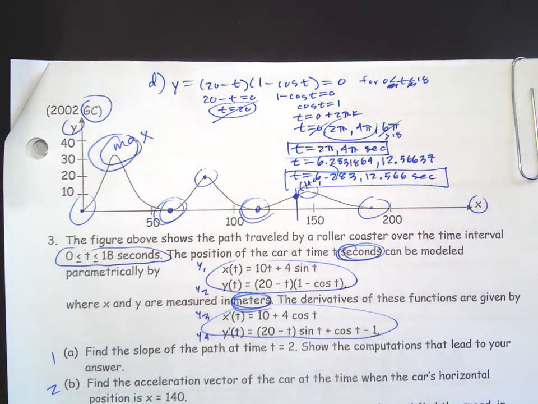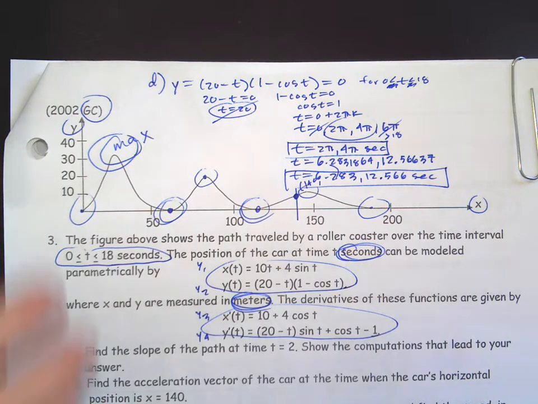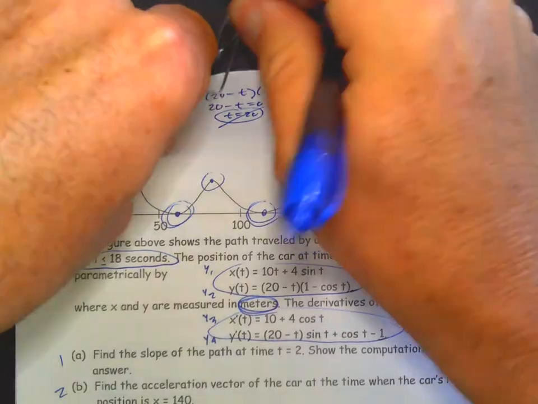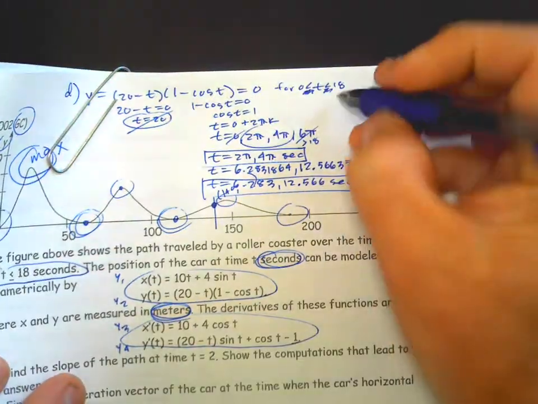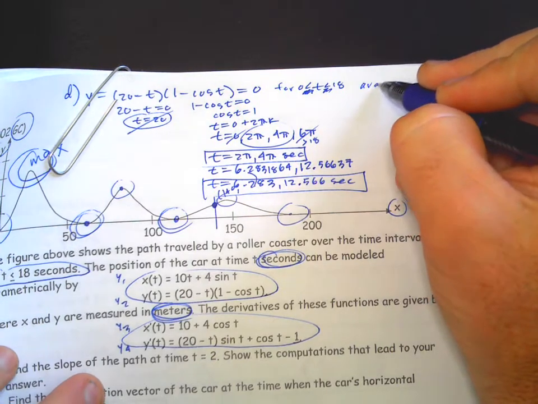Now it says to find the average speed. That sounds like mean value theorem. So this one's a little tough. A lot of times on last parts of first one's questions, they like to throw you something a little tough. So average speed.